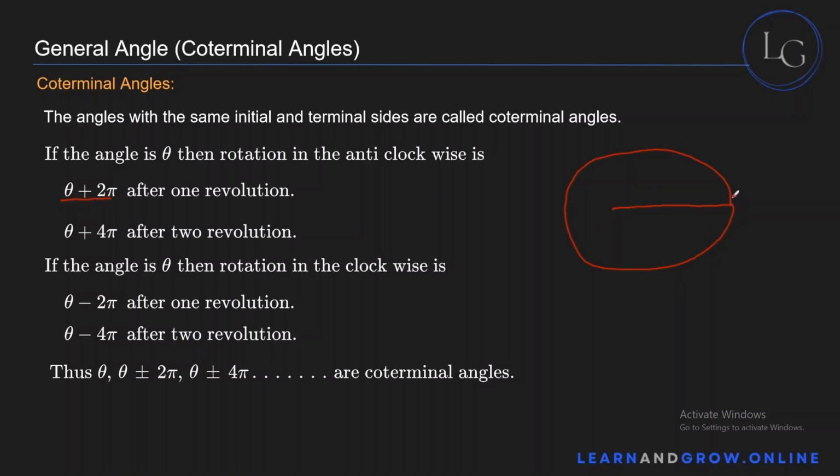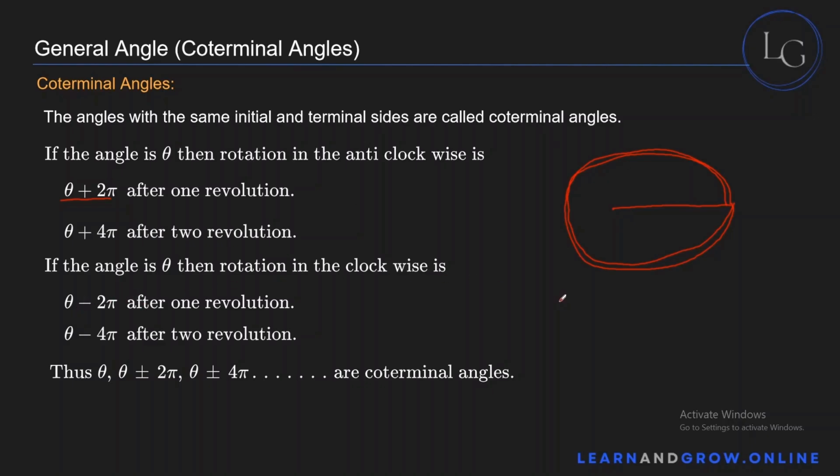And if you rotate this again, it will be theta plus 4 pi, and again until it becomes 6 pi, 8 pi, 10 pi, and so on. If you rotate this entire line in the clockwise direction and it reaches the same point where both sides coincide with each other, that means you'll have theta minus 2 pi.